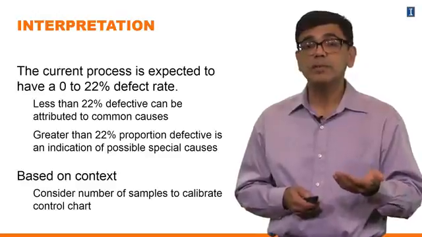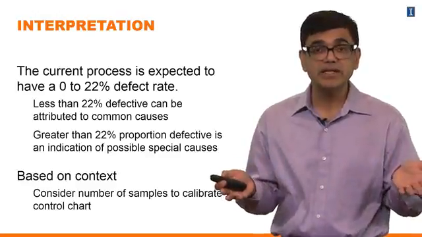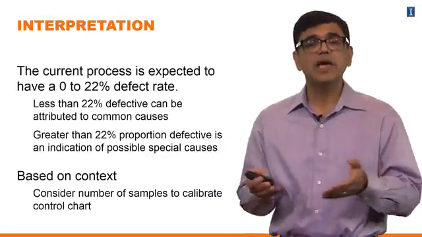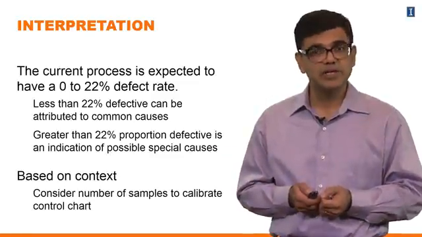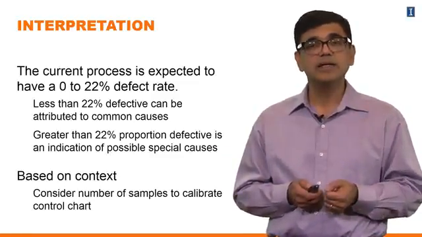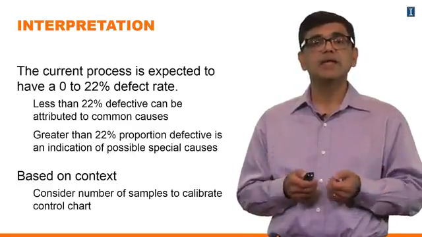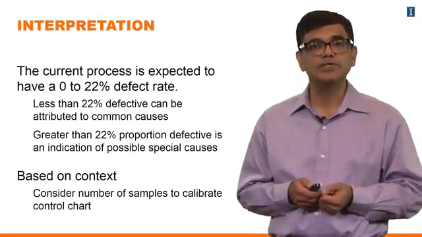You also want to think about whether you want to separate different days and different shifts, and those are the kinds of managerial decisions that you will need to make in addition to the mechanics of computing these control charts.